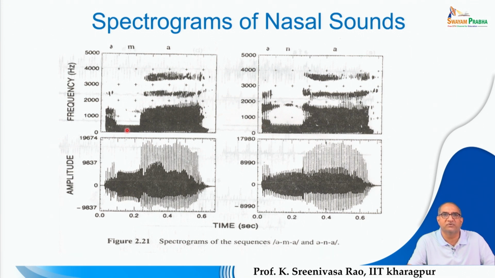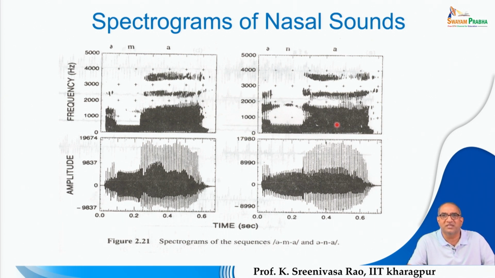Therefore, in both Ma and Na, the energy is concentrated at low frequency. You do not see much higher frequency. Here you can see a slight trace of that, but other than that most of the energy is concentrated at the low frequency end only. So, from the spectrogram also you cannot discriminate whether it is Ma or Na, right.